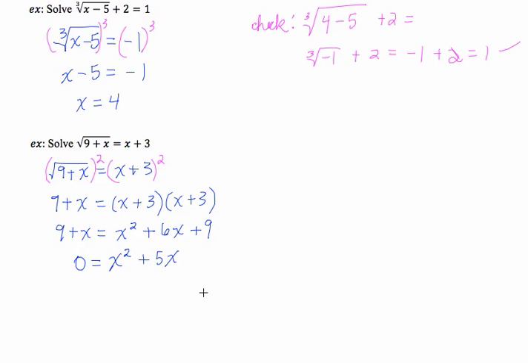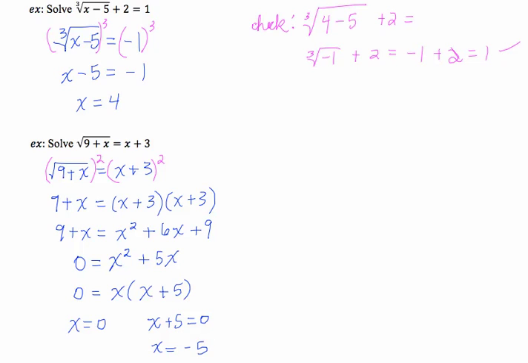Now this one's fairly easy to solve because both terms have an x in them, so we can just simply factor out an x, and we're left with x plus 5. And then we set each factor equal to 0 to give us x equals 0, and x plus 5 equals 0. X equals 0 is already solved for x. And then over here, move the 5 over to get x equals -5.